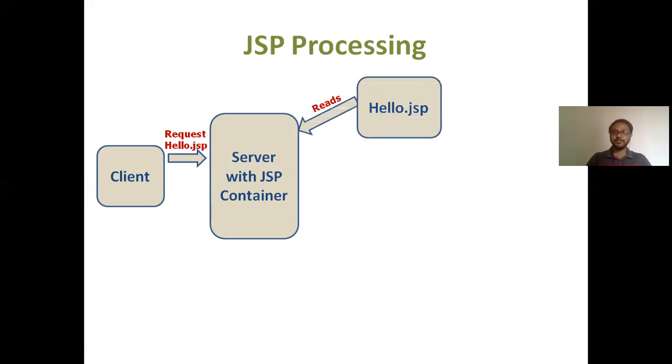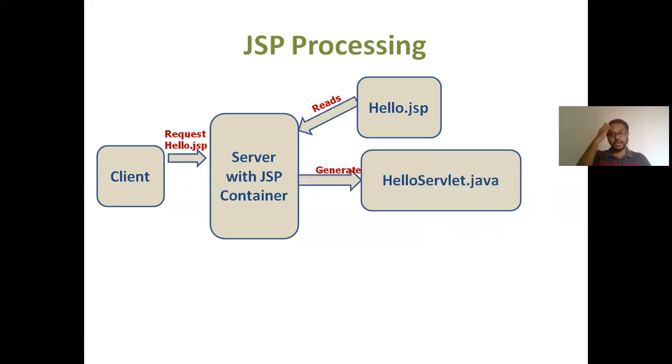First, it reads that requested JSP page. In this example, it will be reading the requested application, that is the hello.jsp file. Once your JSP container reads the requested JSP file, it automatically generates the servlet.java file.